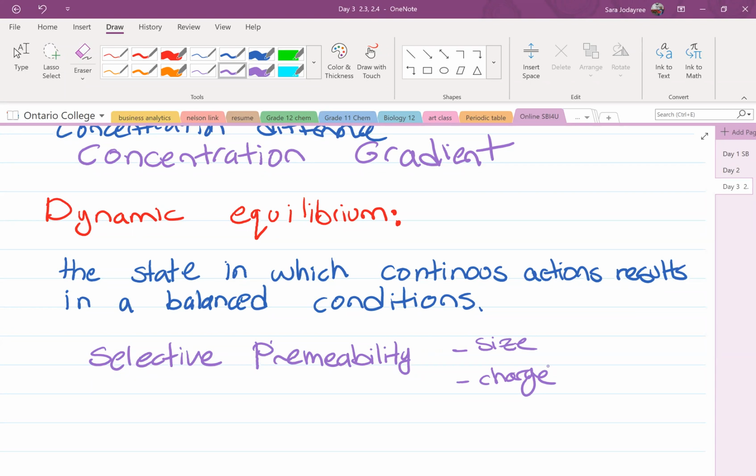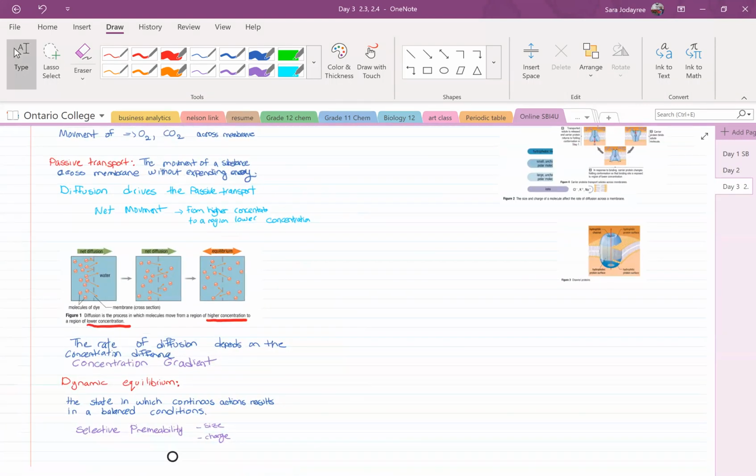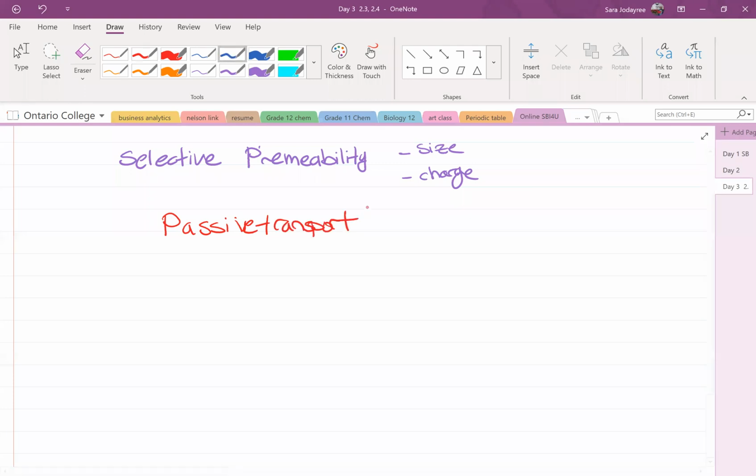So there are two types of passive transport. So remember, we looked into passive transport here, right? Passive transport is divided into two.